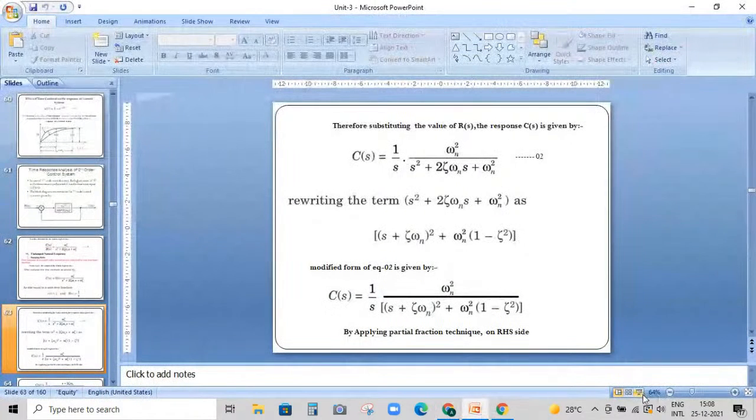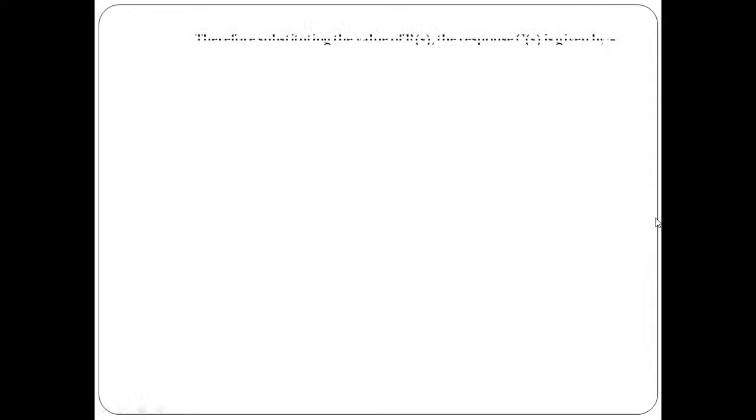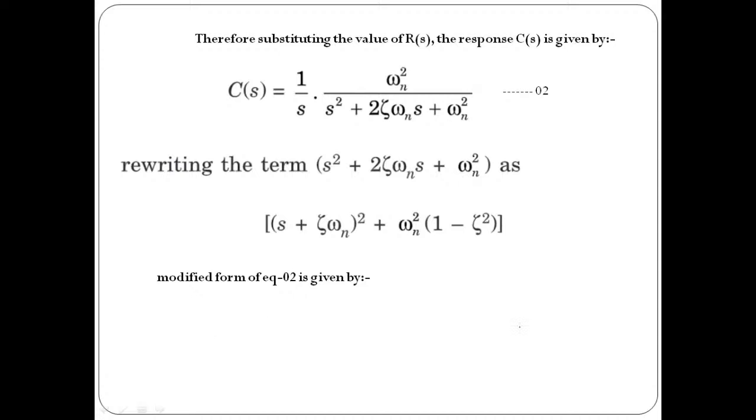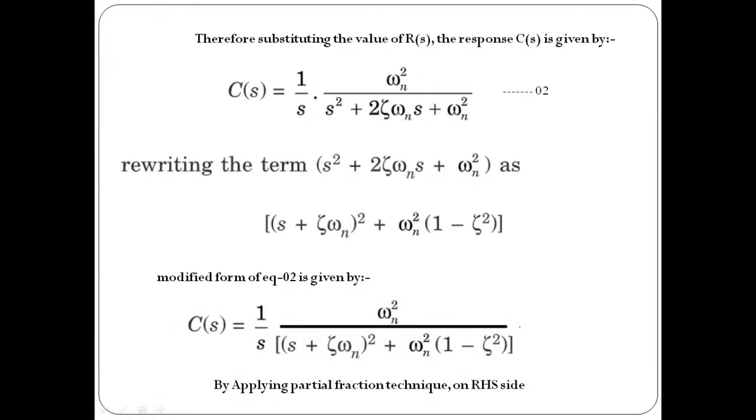Okay. So this is the modified version of equation number 2. Now, by applying partial fraction technique to the right hand side of the above equation, we are trying to convert it into a more simplified version.